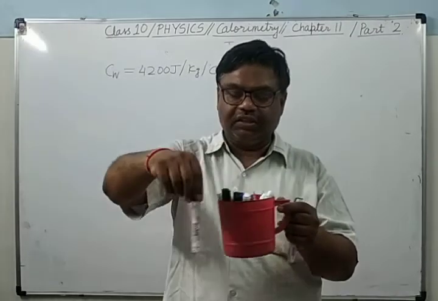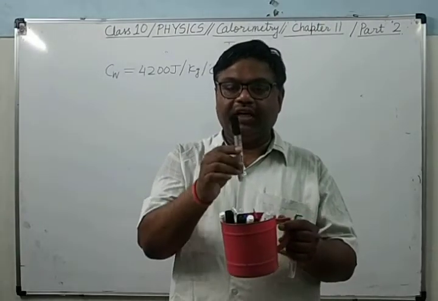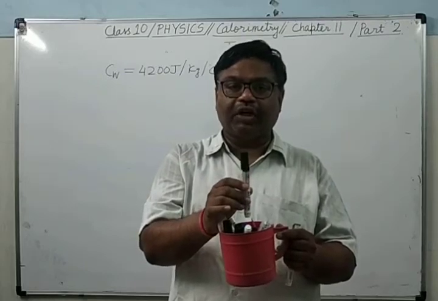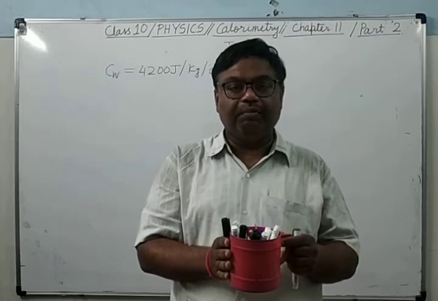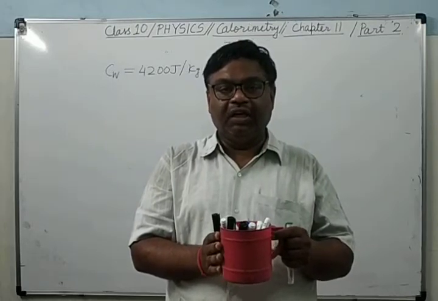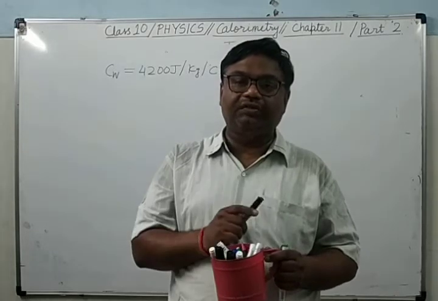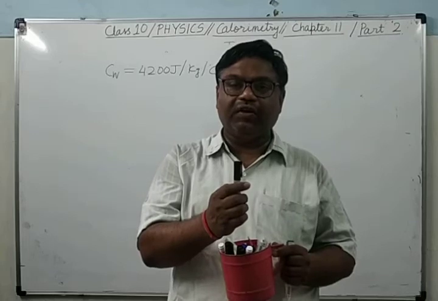So when this engine will work, what will happen? Heat energy will be produced. That heat energy will be absorbed by water. When water will absorb the heat energy, what will happen? Its temperature will not rise very much. It's clear? The temperature of water will also not rise very much because it can absorb a very large amount of heat energy.